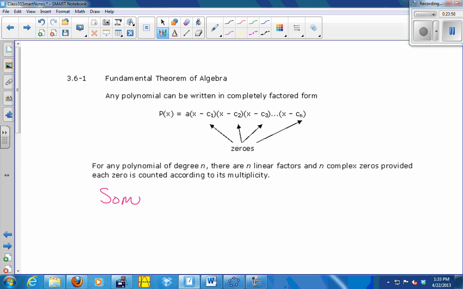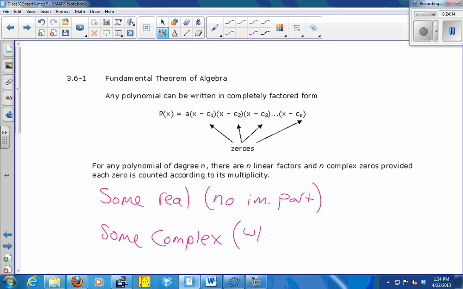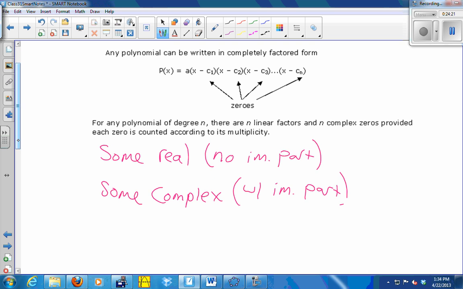So you're going to have some real with no imaginary part, right? Some complex with an imaginary part, and some you might have to count according to their multiplicity.